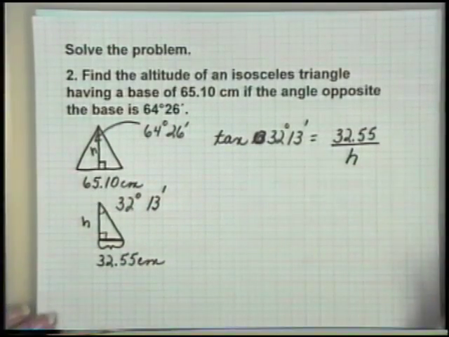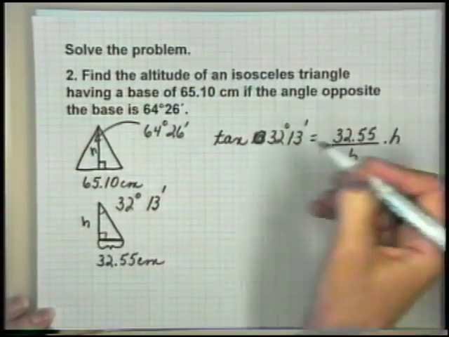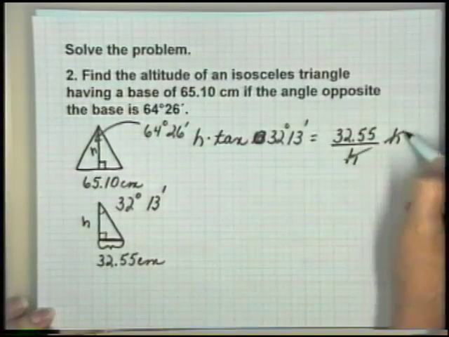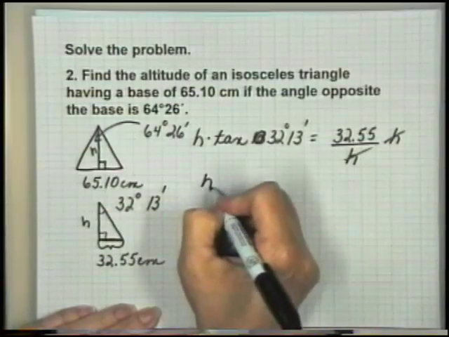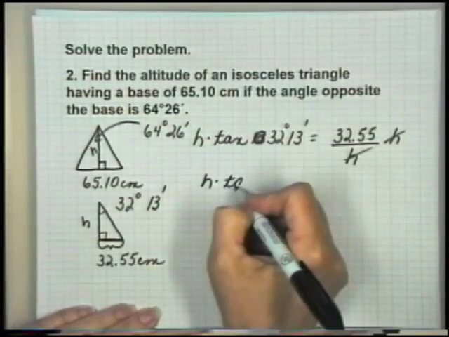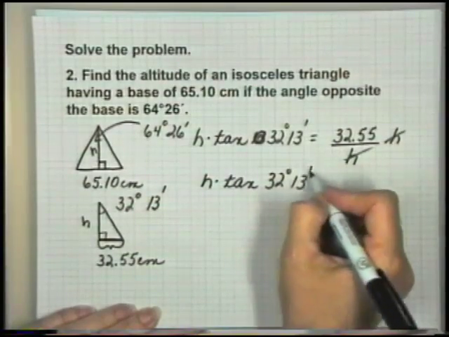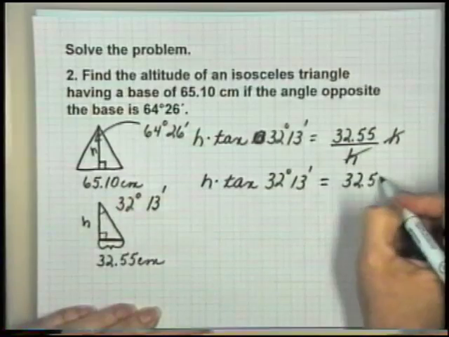To solve for H, since it's in the denominator, I want to multiply both sides of my equation by H. Those H's cancel. On the left side, I have H times the tangent of 32 degrees, 13 minutes equals 32.55.